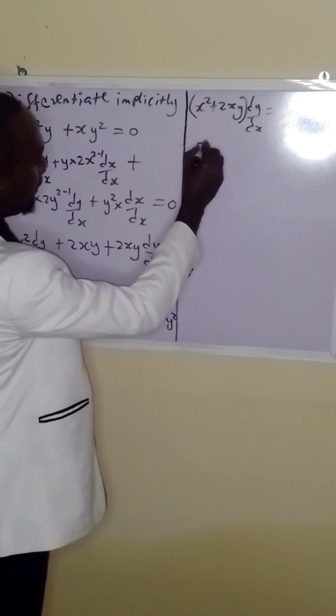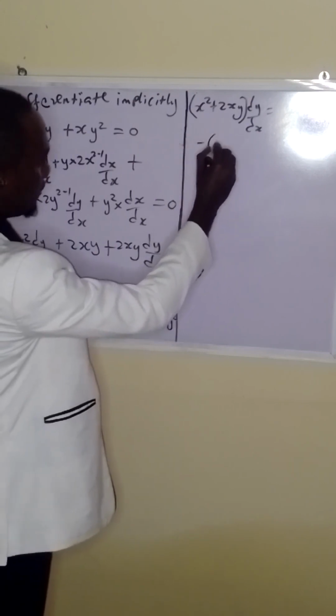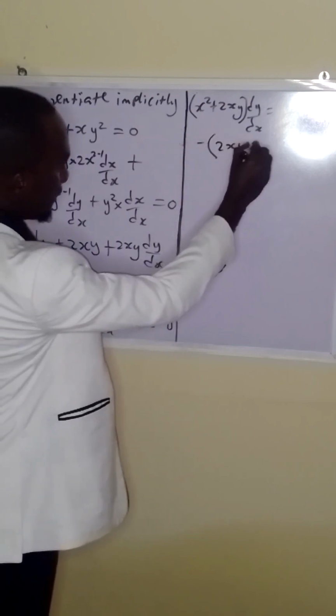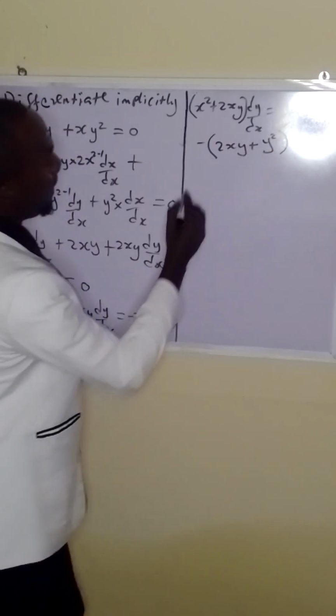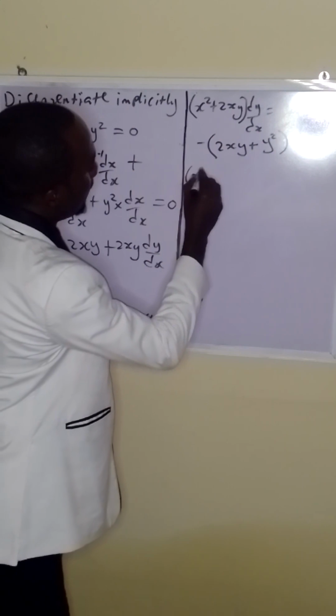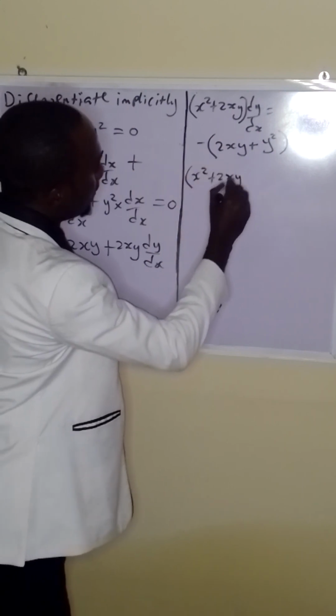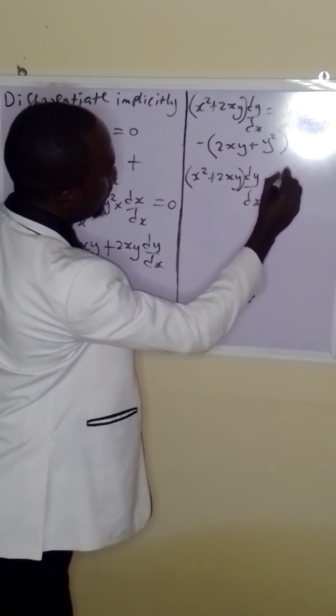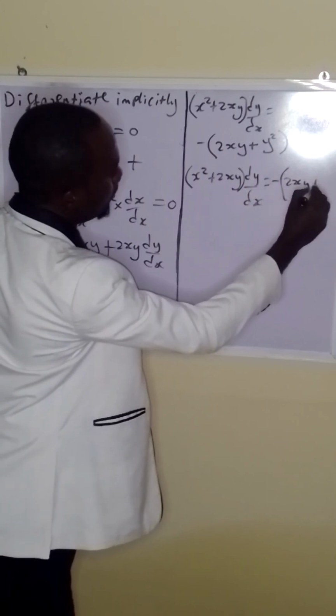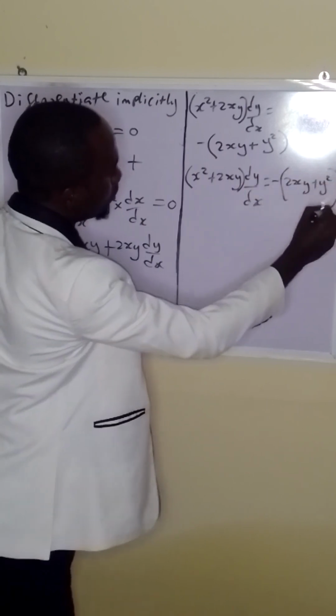So we can simply bring out the negative, then we write the two terms inside as positive. Now, what we have is open bracket x squared plus 2xy close bracket dy/dx is equal to minus bracket 2xy plus y squared close bracket.